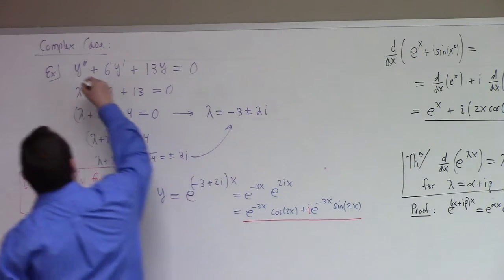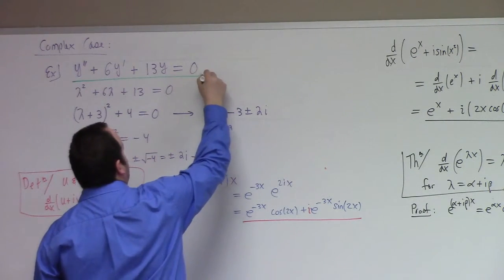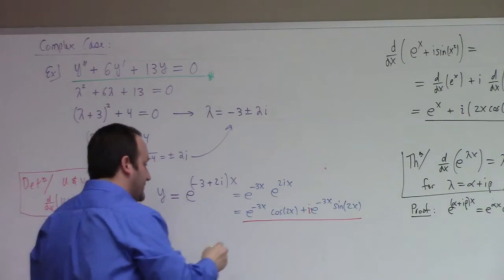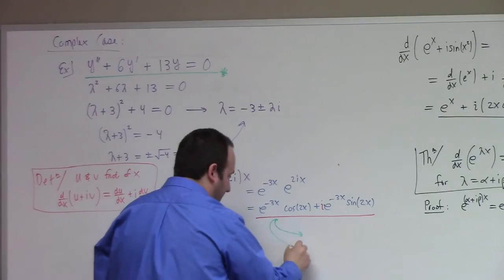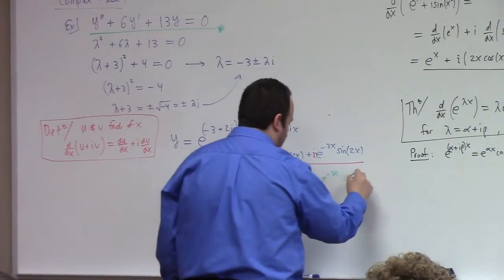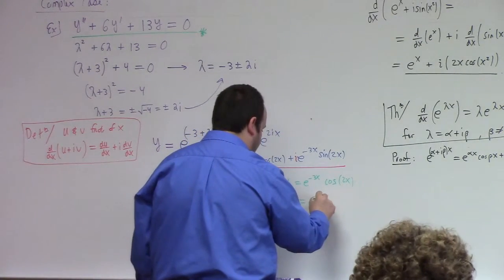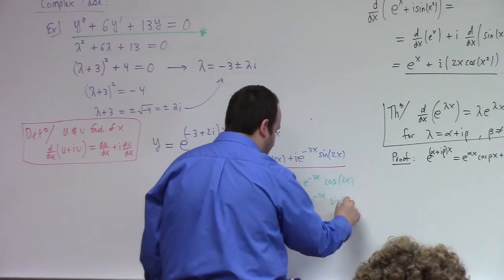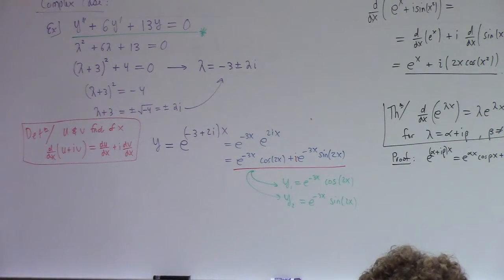We are looking for real solutions to star. So to find real solutions, we use that theorem and just rip them out. Easy. y1 is e to the minus 3x cosine 2x, and y2 is e to the minus 3x sine 2x. These are separately real solutions to that differential equation.